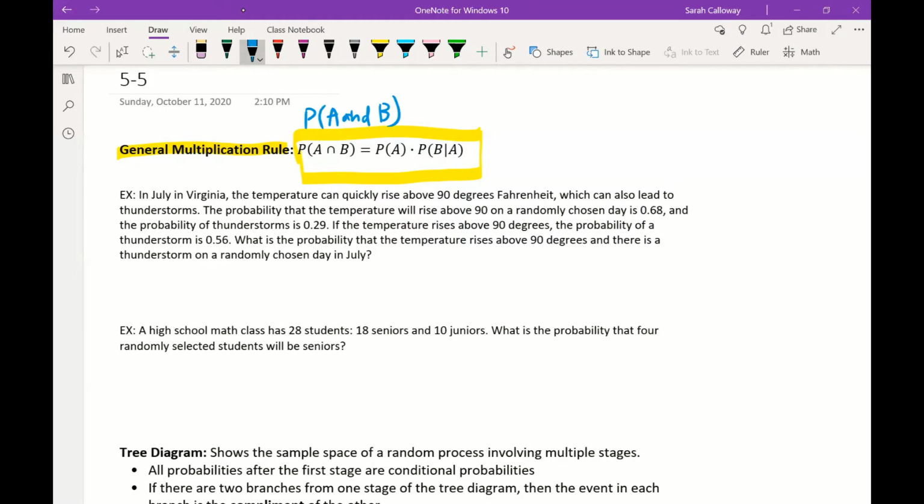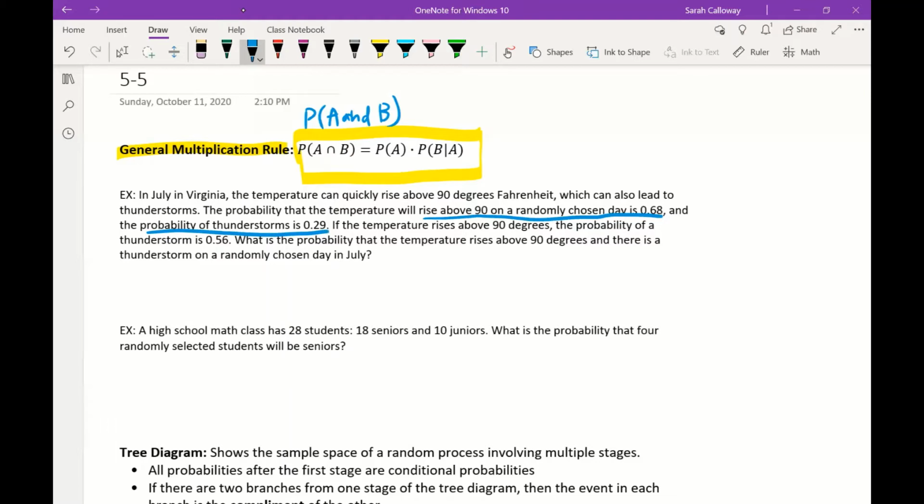So in the first example, in July in Virginia, the temperature can quickly rise above 90 degrees Fahrenheit, which can also lead to thunderstorms. The probability that the temperature will rise above 90 on a randomly chosen day is 0.68, and the probability of thunderstorms is 0.29.